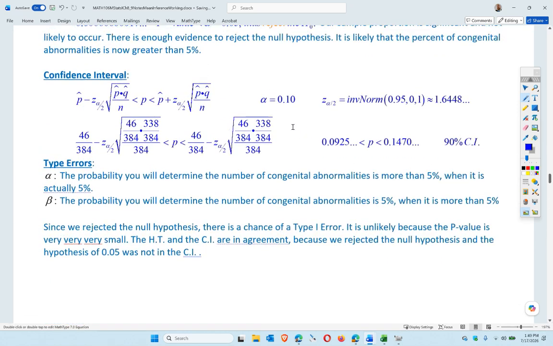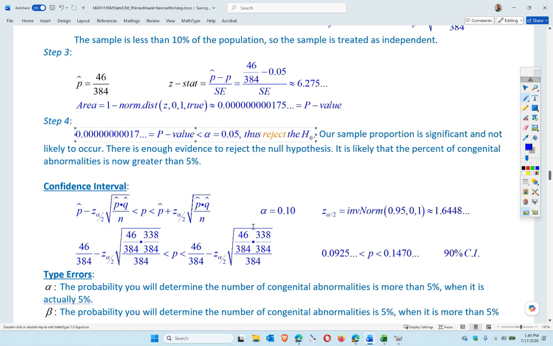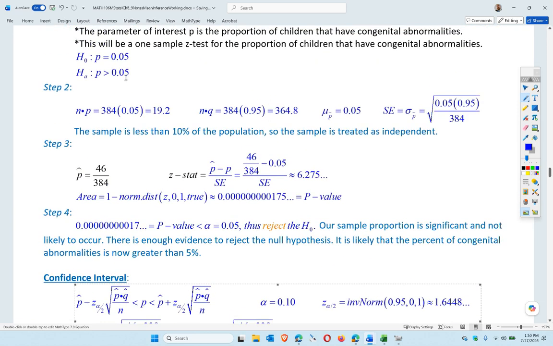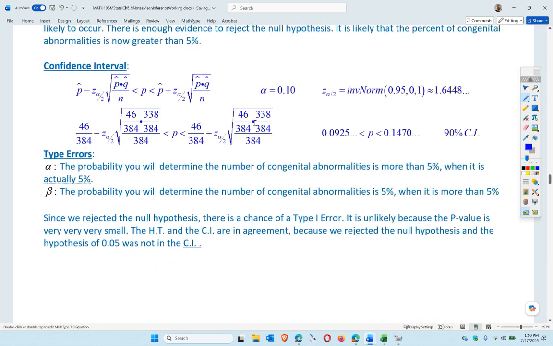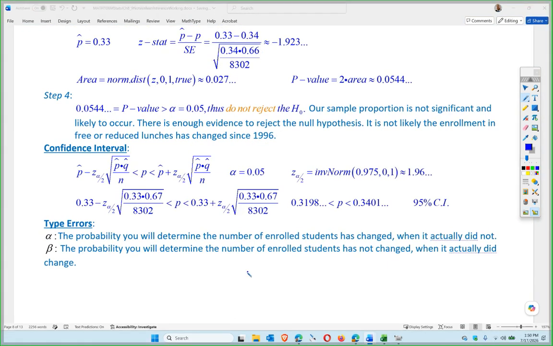Versus the prior problem, this alpha is 0.10, this alpha is 0.05, because the confidence interval is a 2-tail and the hypothesis test is only 1-tail, not the same alpha. So a lot of times they'll distinguish them by doing alpha sub h and alpha sub c, like what you saw previously in my notes for confidence interval, to distinguish that they're not the same alpha. There's two different curves essentially.